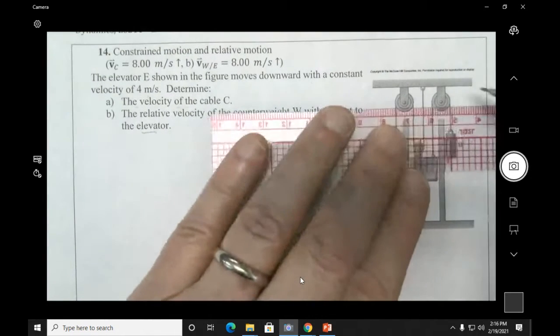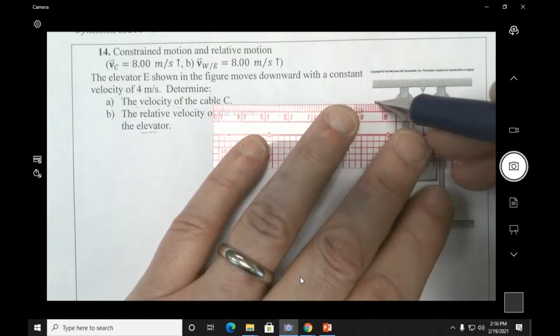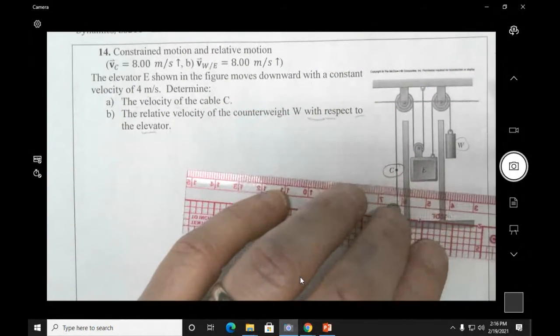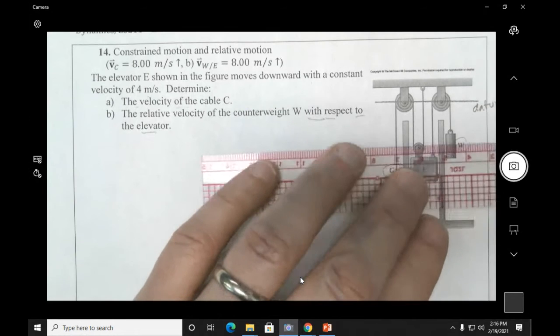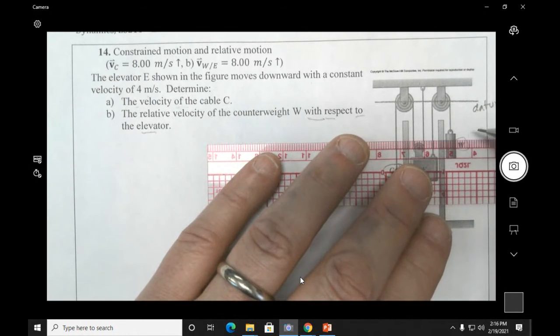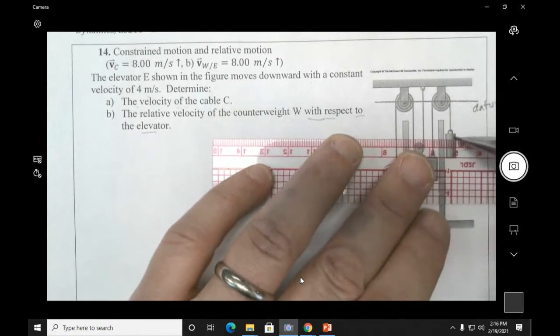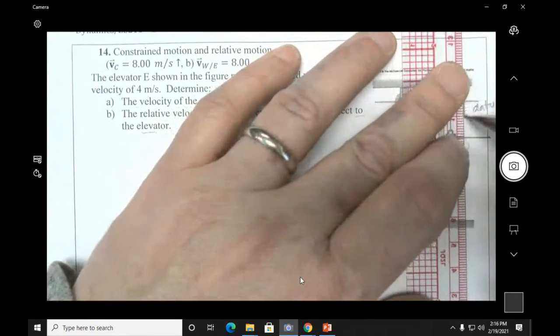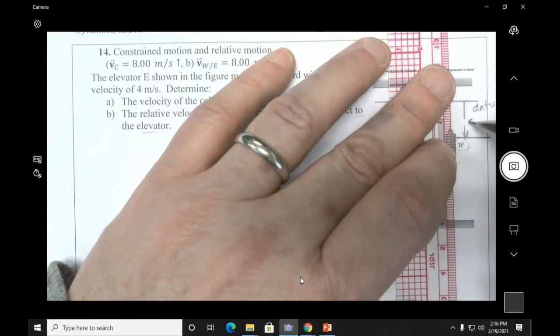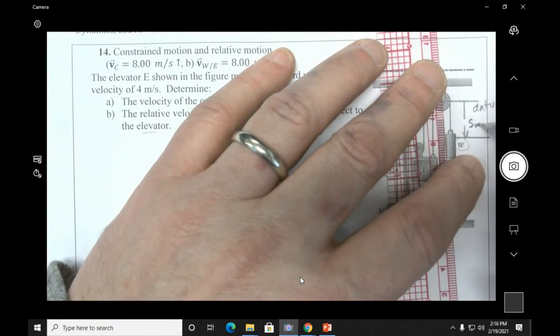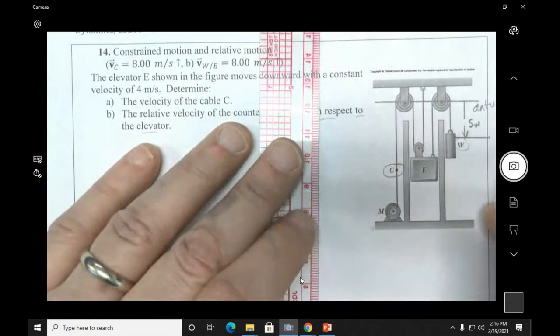What you want to do in any of these is start off with a datum. It's nice to have just one datum. You only need one datum in this problem. So what we could do is call it just S. I like S. Could have called it Y if we want to.